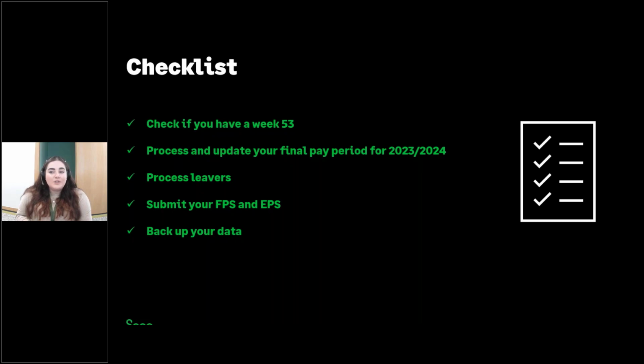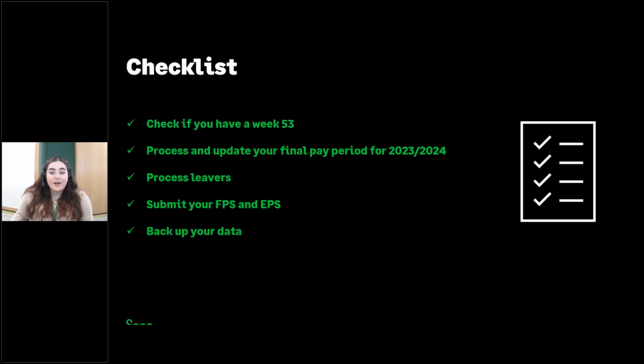But anyone else, I would advise that you check. Of course, take a look at the tax calendar as well from our Payroll Year-End Hub. We then processed and updated that final pay period of the current tax year, which included processing any leavers, submitting the FPS and EPS since I was reclaiming statutory payments, and finished off there just with a backup of our data.